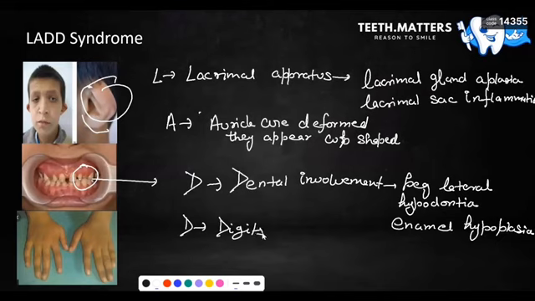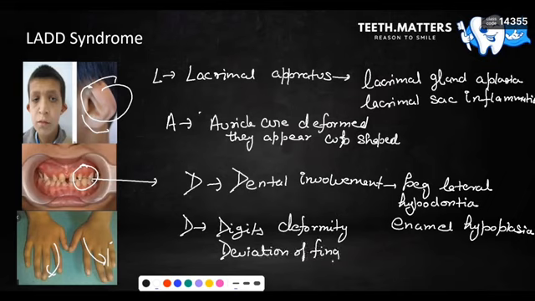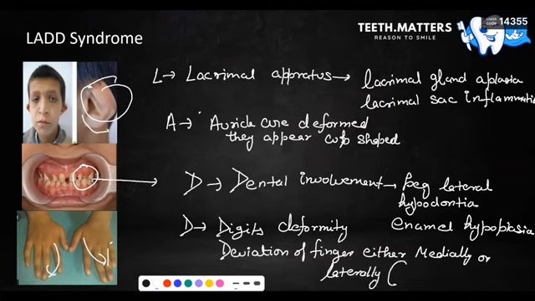The digital deformity is deviation of the fingers. Here the fingers are deviated, either medially or laterally. The term given to this condition is clinodactyly.